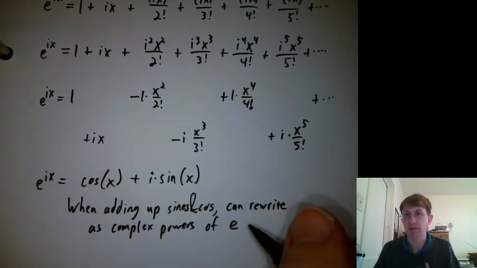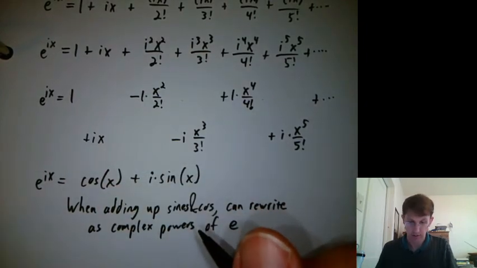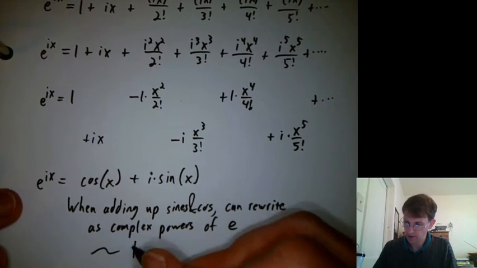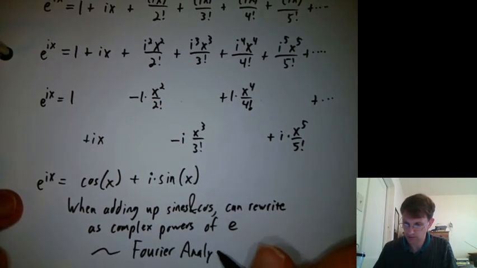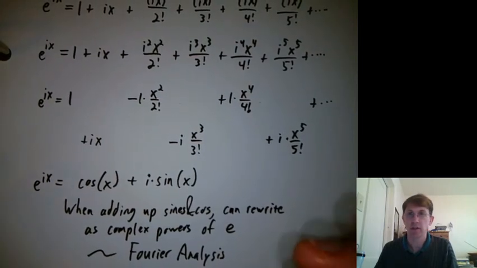And we know that powers of e are easy to integrate and differentiate, even easier than sines and cosines, so that's kind of handy. So this basic idea gets used in Fourier analysis, which is used in many, many places.